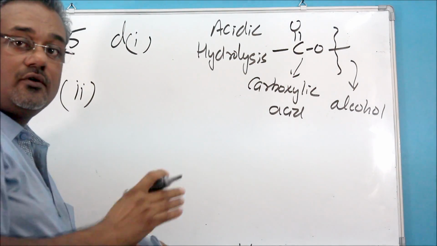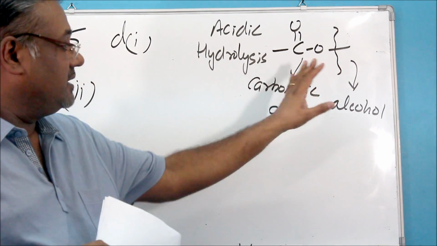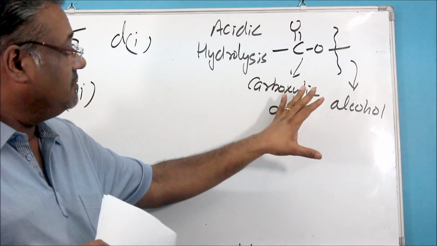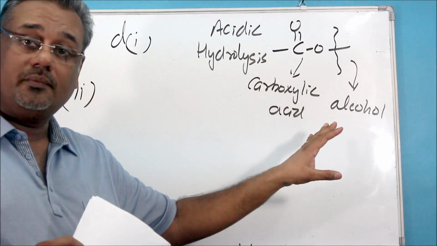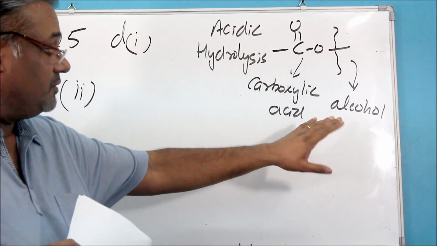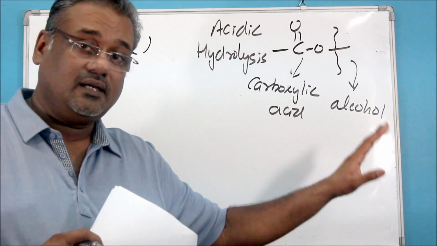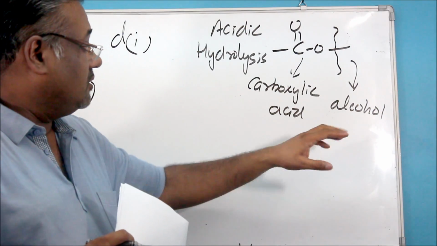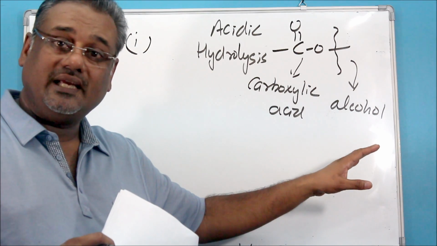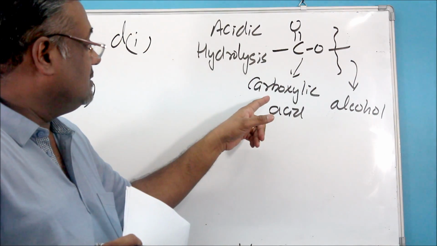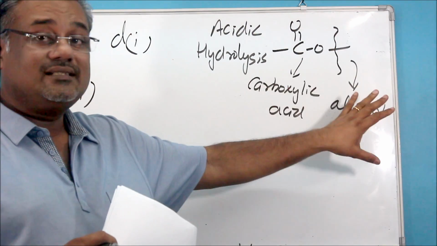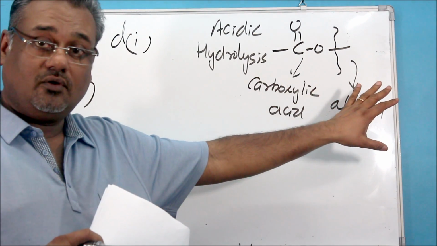So when you do acidic hydrolysis, the ester is going to split and give you these two. Now since the question said the resulting mixture was further reacted with dichromate, that means this alcohol has got oxidized, which clearly means it can't be a tertiary alcohol, it has to be primary or secondary. Now the issue with secondary alcohol is that on oxidation it gives you a ketone, and R is not a ketone. So I cannot be looking at an ester that will give me a secondary alcohol.